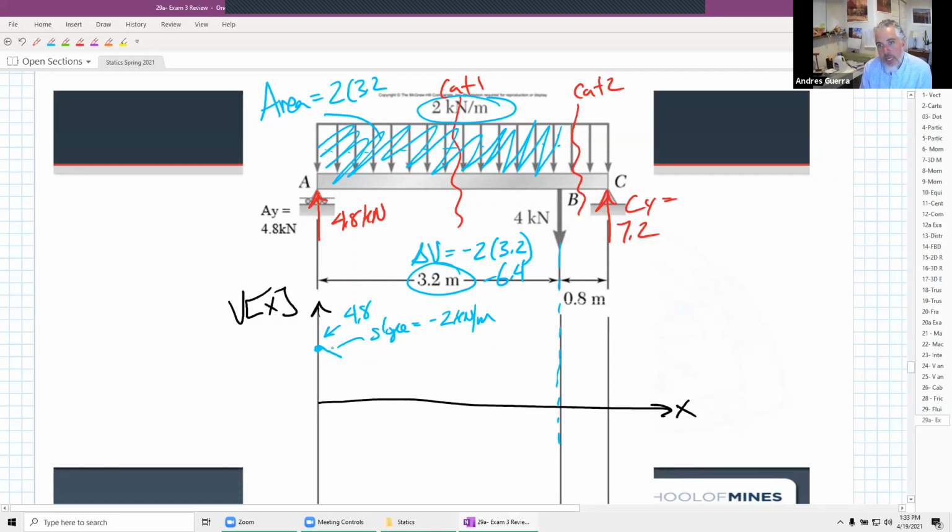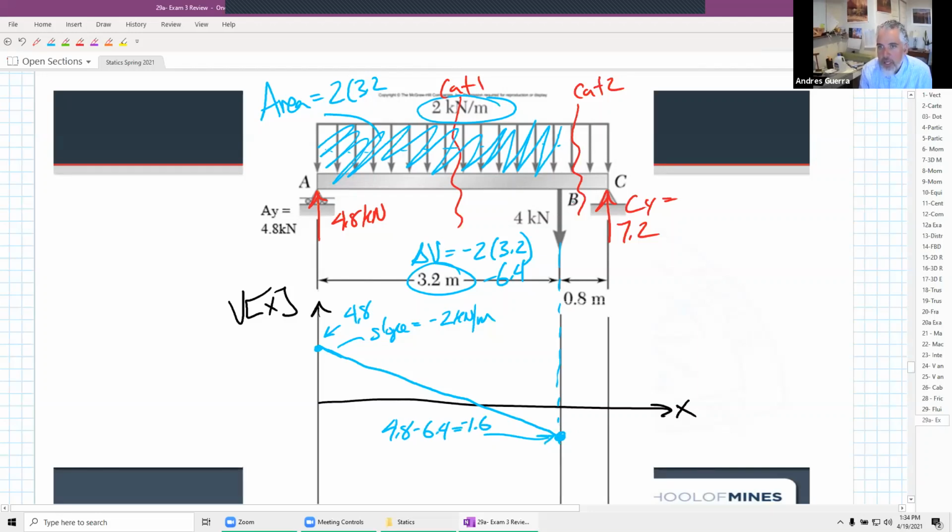And so that's going to be, let's see, -1.6. So our diagram is going to look something like that. And right here, 4.8 minus 6.4 is equal to negative 1.6. That's our value of V right there.